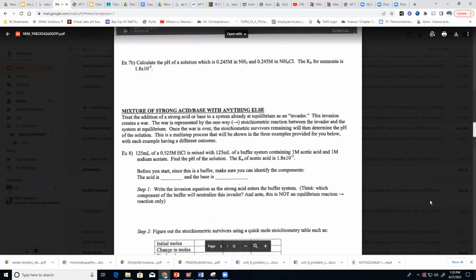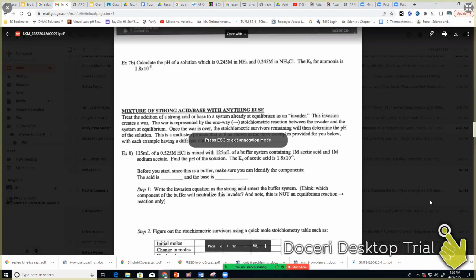All right, so this one now I've got a weak base. This one also ends up being at the half equivalence point, so I couldn't check this way either. This is my weak base, and here I'm interested in my NH4 because my chloride would come from my hydrochloric acid.